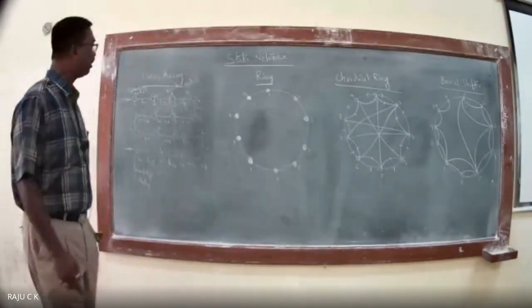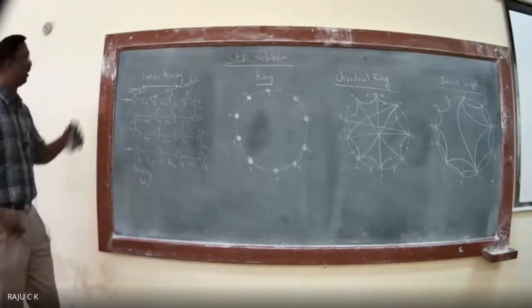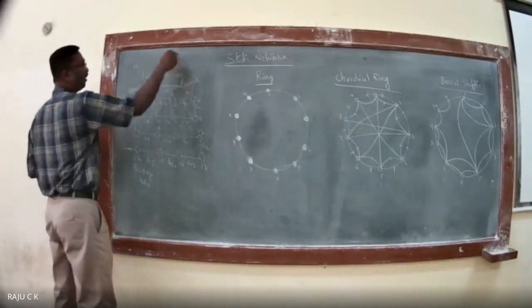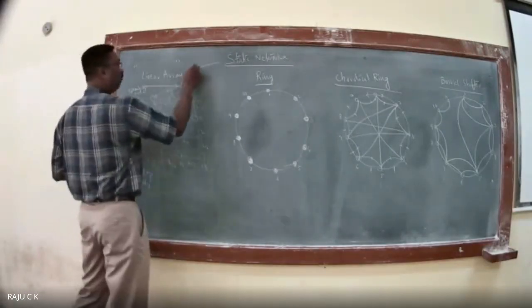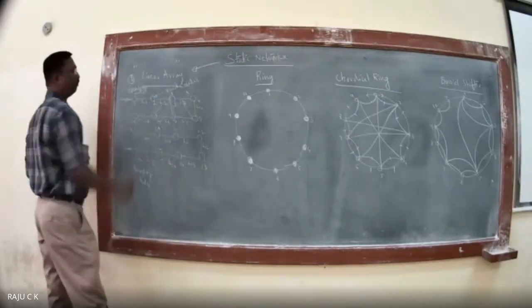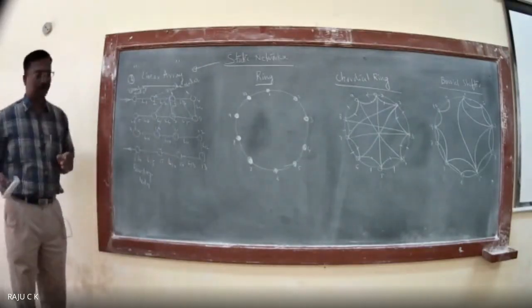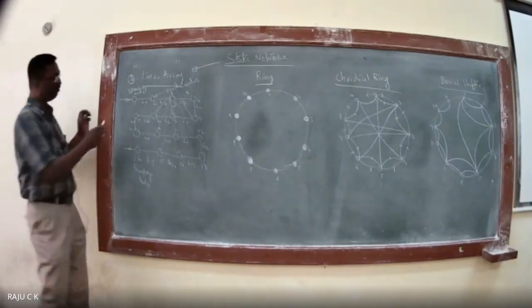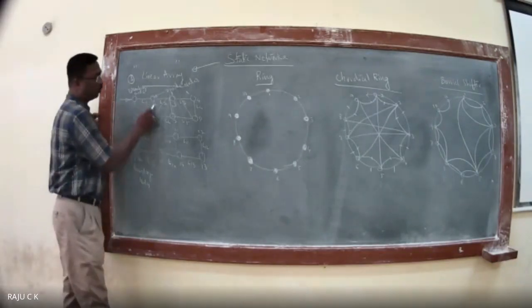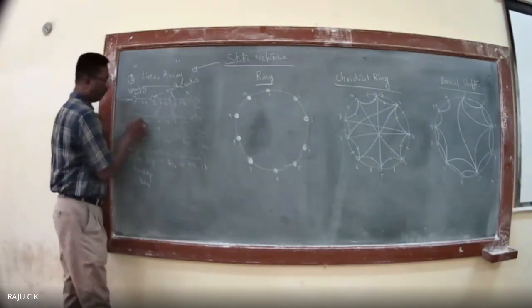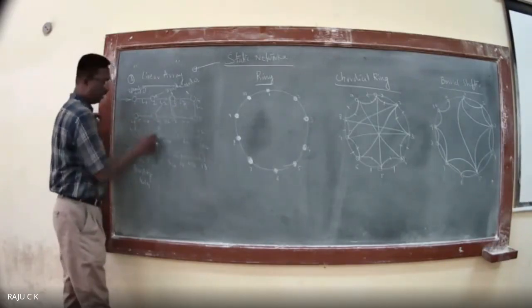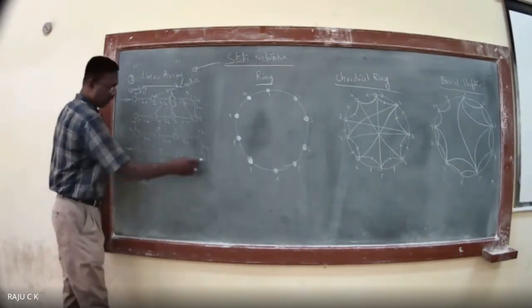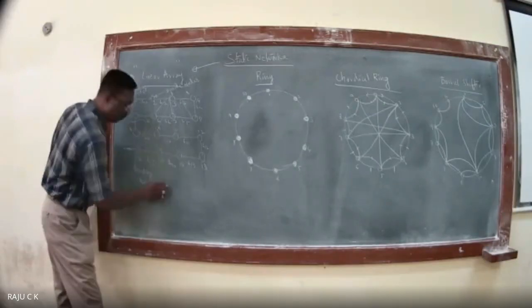First, I'm going for the linear array. A linear array is one type of static network. Here I am connecting nodes: node number 1, 2, 3, up to 16, so 16 nodes are there.